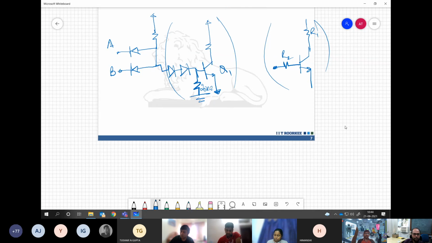Now as per our understanding, what is this gate up to this point? Let us say this point we call VC. VCC is already coming over there, so let me call it Vx.